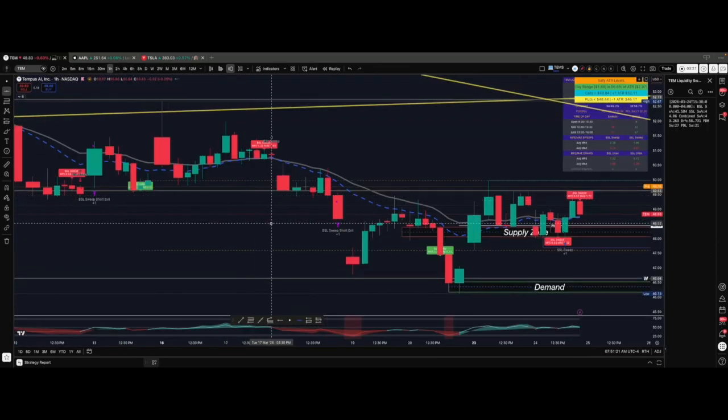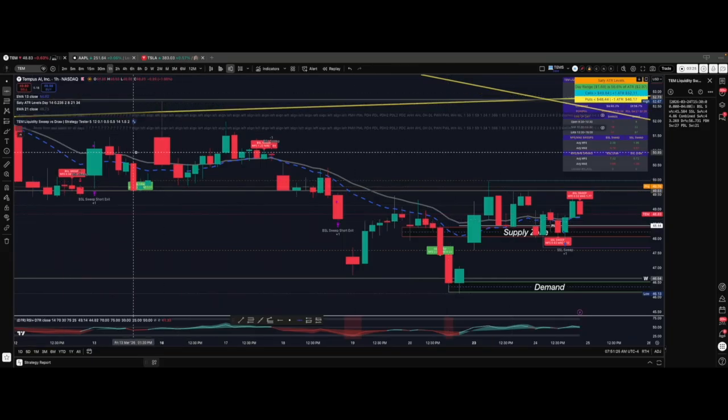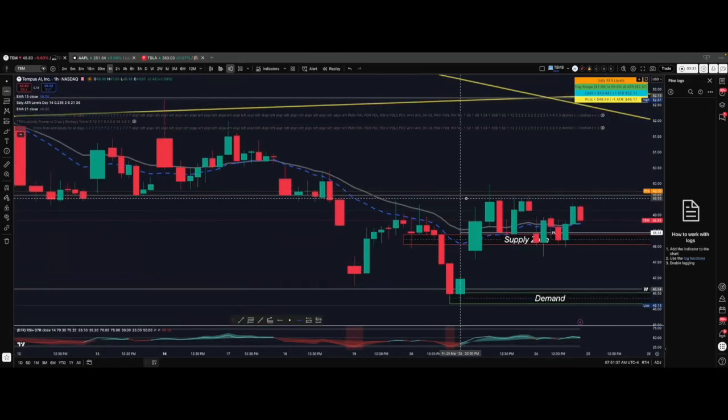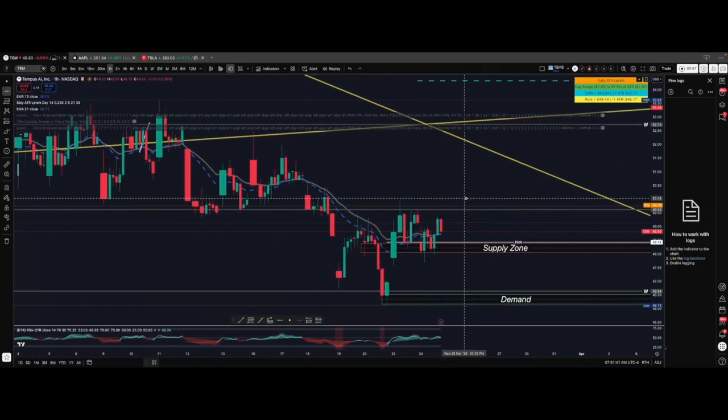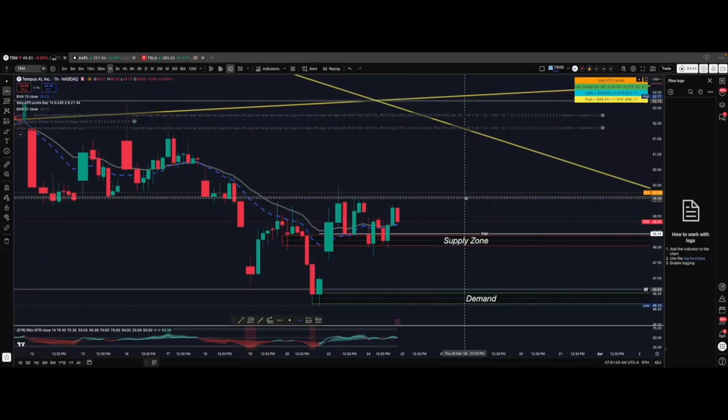But I'm going to go down to the hour. And this is where I turn my indicator off. Okay, cool. So now we got that guy off. This is where I'll show you more of why I have these supply and demand zones.